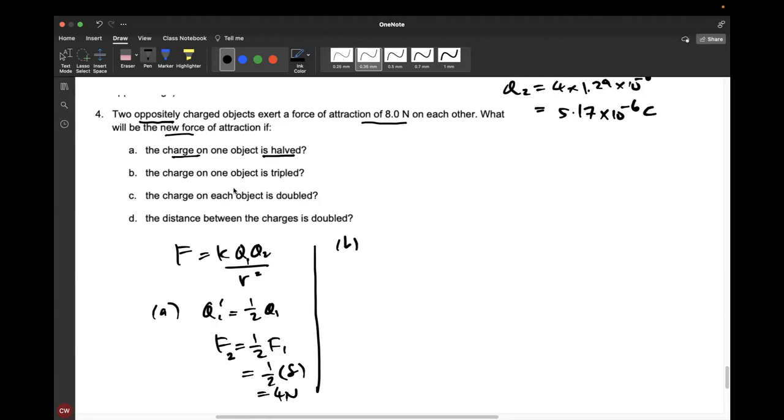Second one, what if one of the charges is triple? Triple means 3 times original. If only one of them is 3 times, then the force will also be 3 times of original, 24.